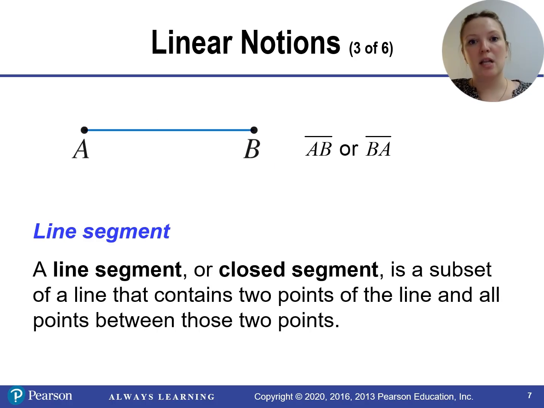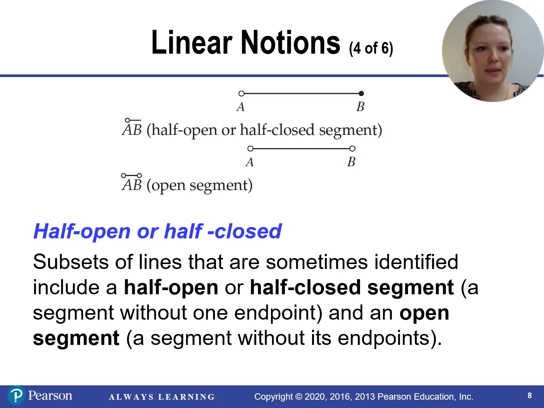So in addition to lines, we can also define what a line segment is. So a line segment or closed segment is just a subset of a line. So it takes 2 points and it's the segment of the line that is between those 2 points. So in a way it kind of truncates our line to make it just a segment. We might also talk about being half open or half closed.